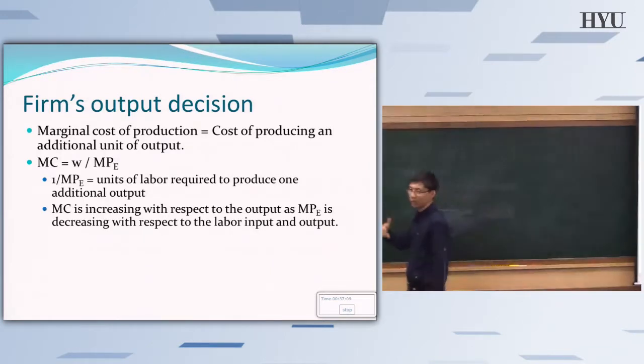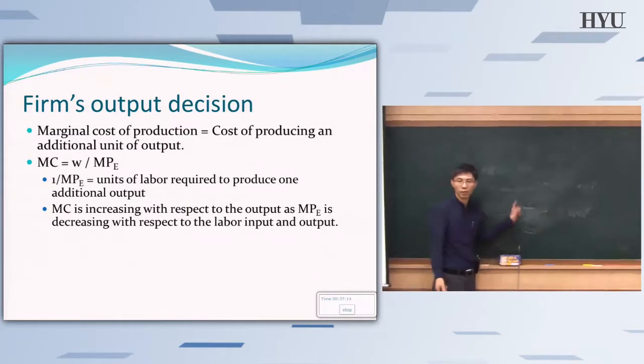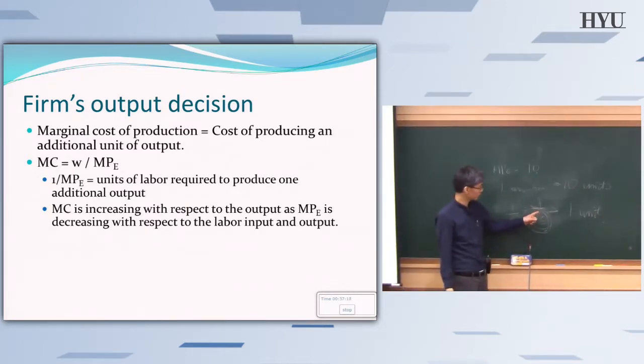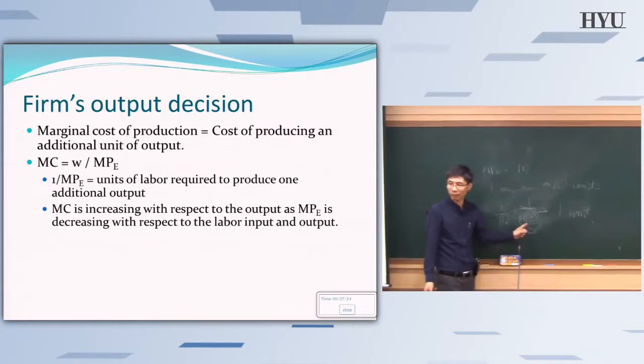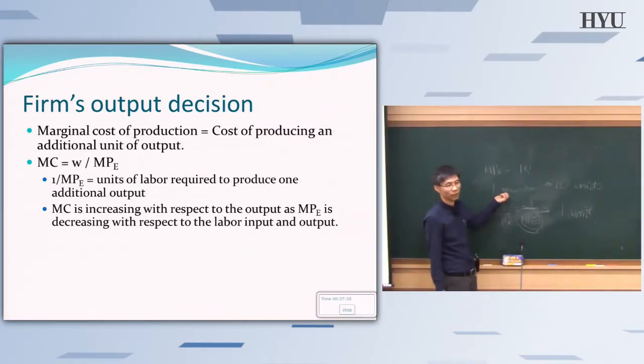So then what is the marginal cost? The marginal cost is simply the cost of 1 divided by MPL. Because it's a labor input, it's simply W times 1 divided by MPL. Say you pay 1 worker $10. You ask that worker to do only 1/10 of the usual work, and I will give you 1/10 of your wage.